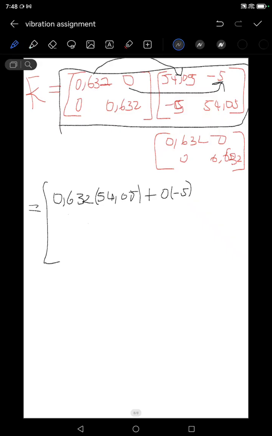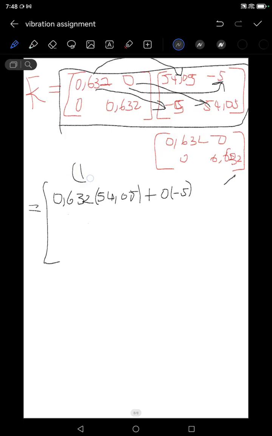And after that, we're going to have this number multiplied by this, and this one multiplied by this, and then it's going to be on this corner.